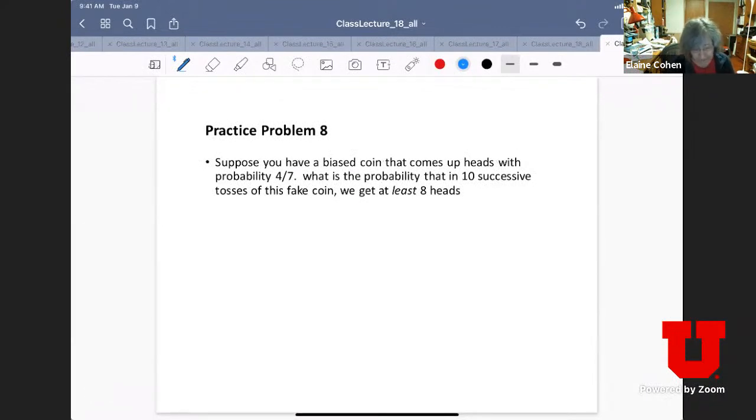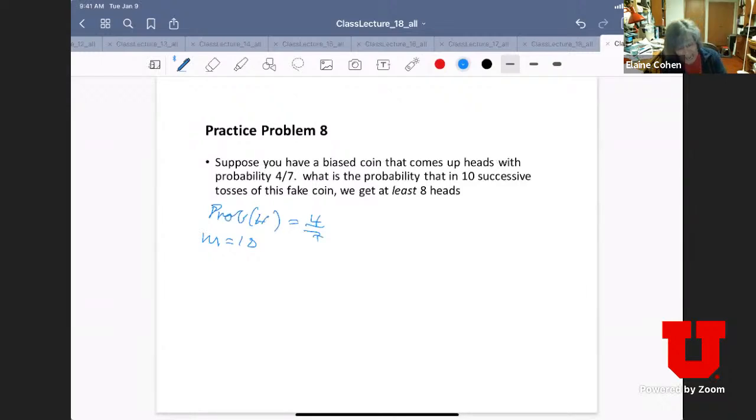We'll get to that. Suppose you have a biased coin that comes up heads with a probability of 4/7. So the probability of heads equals 4 over 7. What's the probability that in 10 successive tosses, M equals 10 if we're applying Bernoulli, we get at least 8 heads? It's not a fake coin, it's a biased coin.